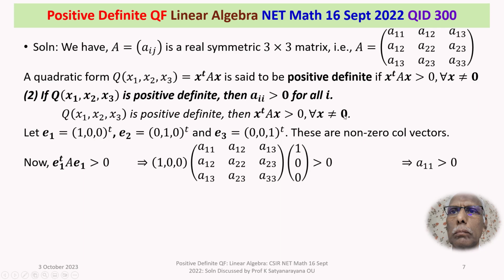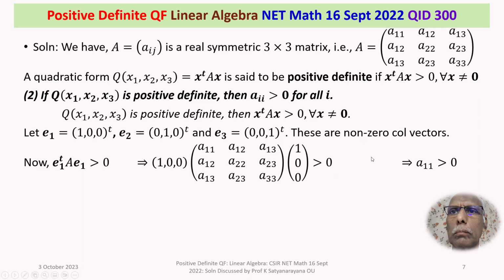It is greater than 0 because it is positive definite. That implies E1 transpose, the row vector 1, 0, 0, times the matrix A, times E1, the column vector, is greater than 0. If you multiply, you will get only A11, which is greater than 0.